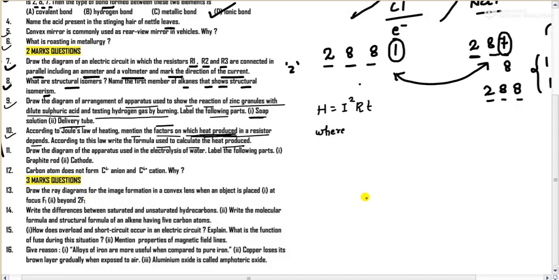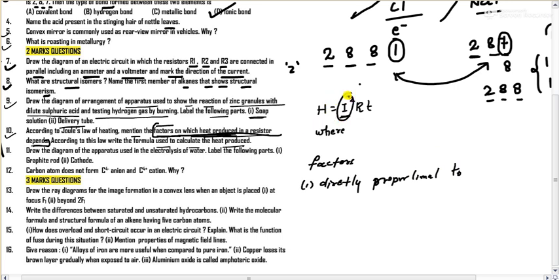Just follow this. The factors on which heat produced in a resistor depends are, first, here it is I, right? So you can write that the heat produced is directly proportional to the square of electric current.